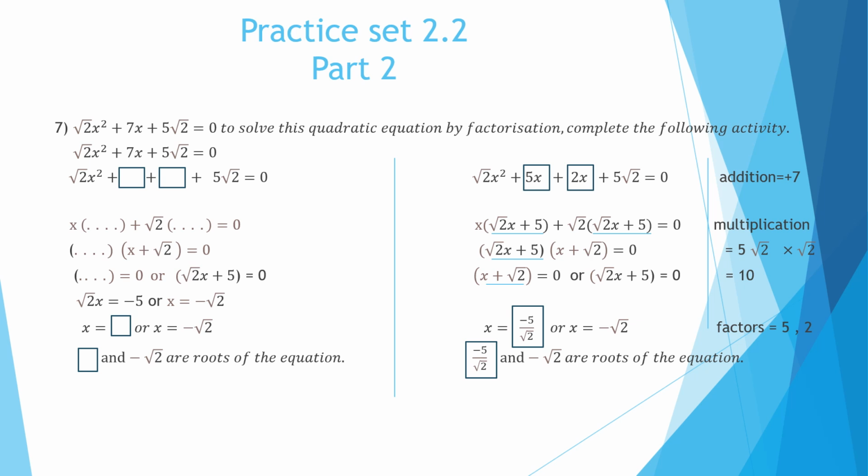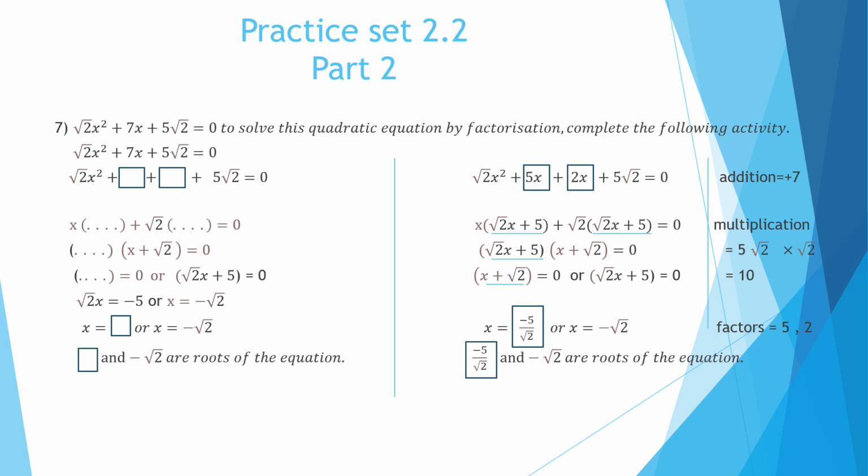Then in next step we find the common factor from this equation. So here we find the common, which is root 2x plus 5. So we write in first bracket the common, that is root 2x plus 5, and in second bracket we write x plus root 2, which is equal to 0.